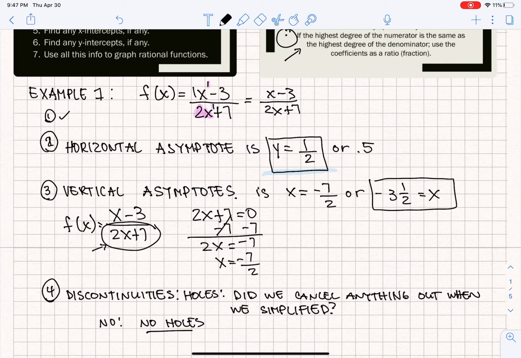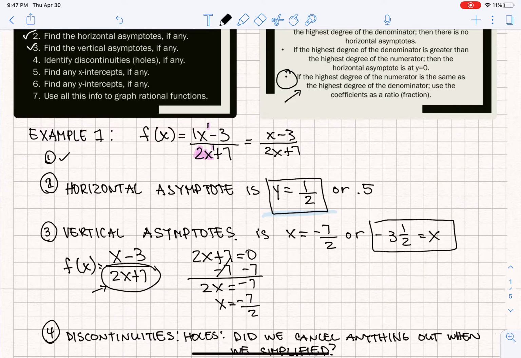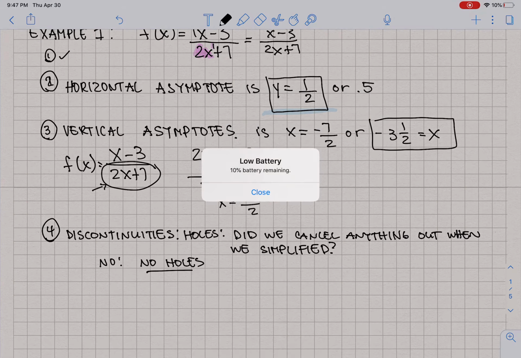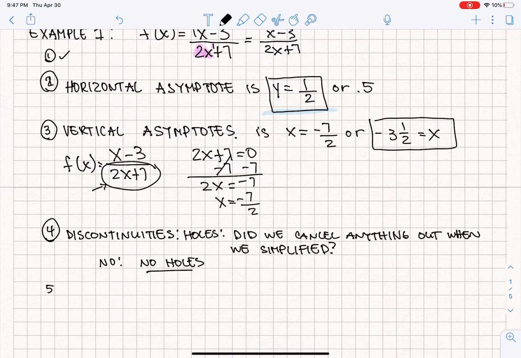Okay, next part. We're going to find any x-intercepts. Okay, so for number 5, to find x-intercepts, we set our numerator equal to 0.